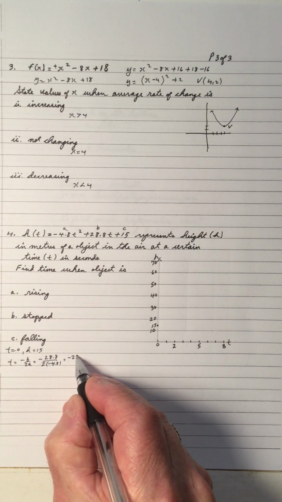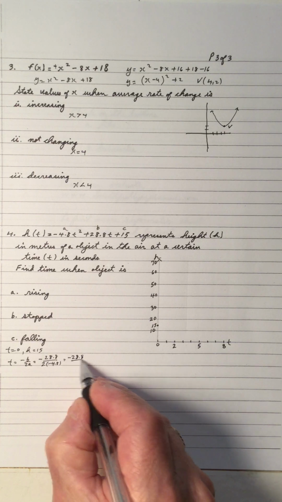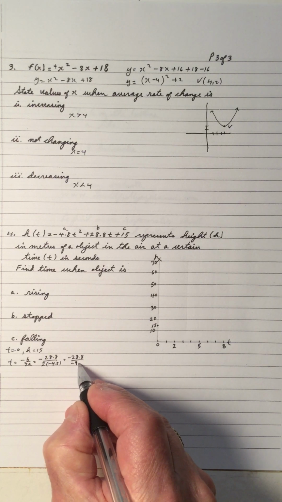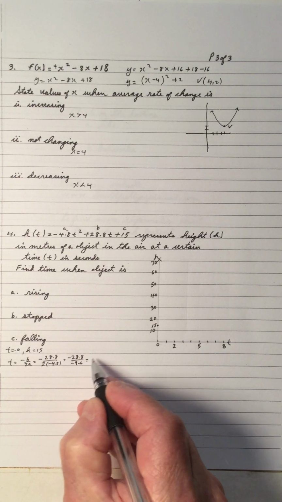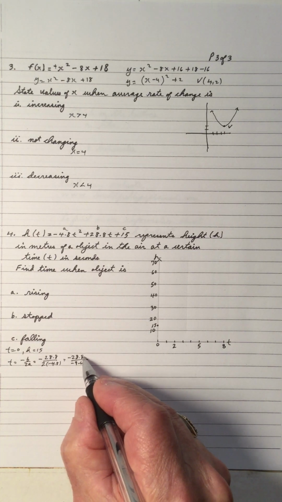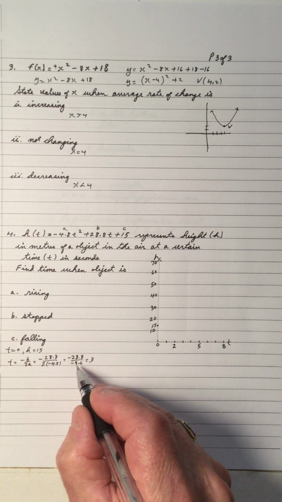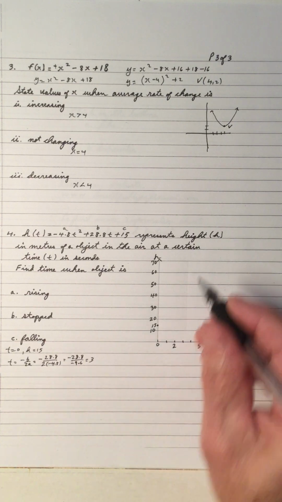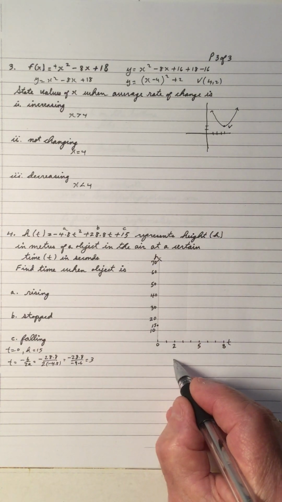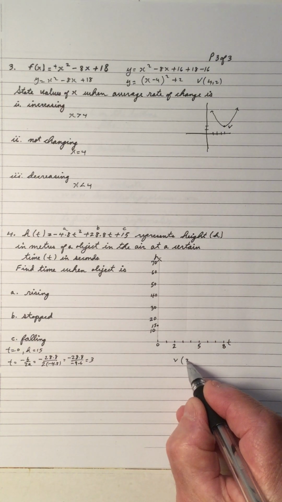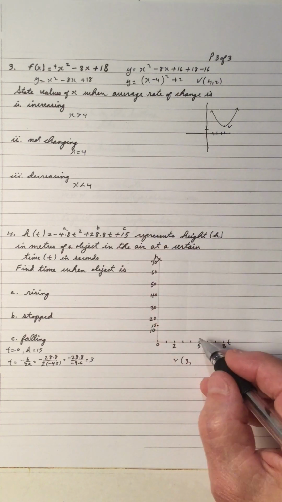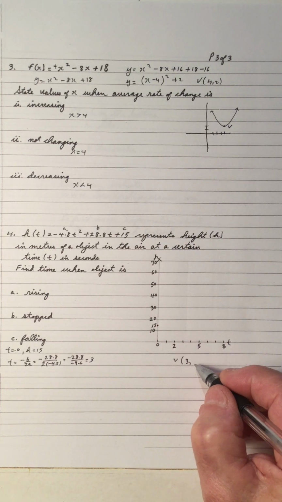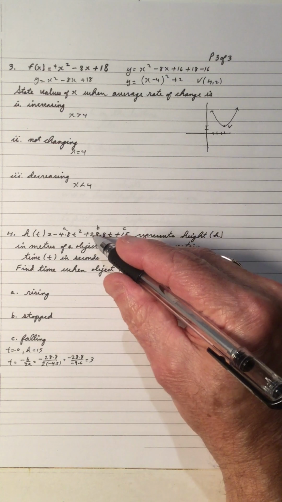That's negative 28.8 over negative 9.6, and when you divide that out, I made it up, so you get 3. So the vertex is at t equals 3, but we have to find the other value.